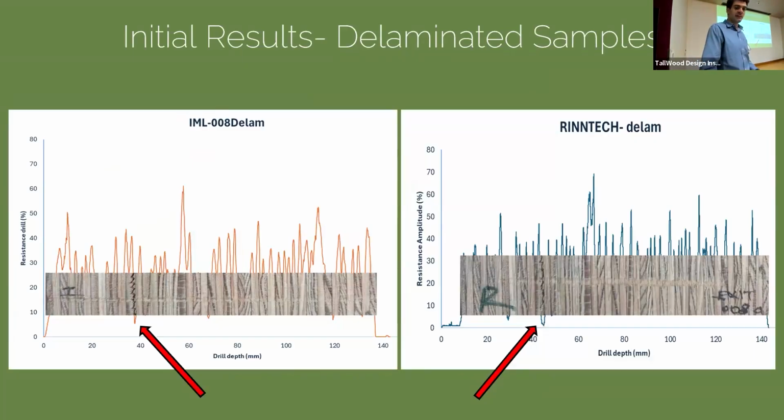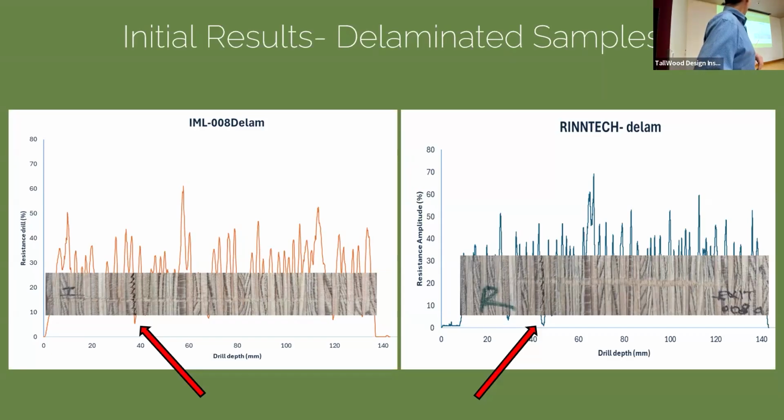Some initial results here on the delaminated samples. These are the drills we have so far. This is an example of probably our best bet or most obvious signal that we're getting from delamination. You have what looks to be a semi-regular pattern of the needle going through MPP, the different lamellae, and we have one example of delamination in this piece, and you can see the drop in resistance for both.